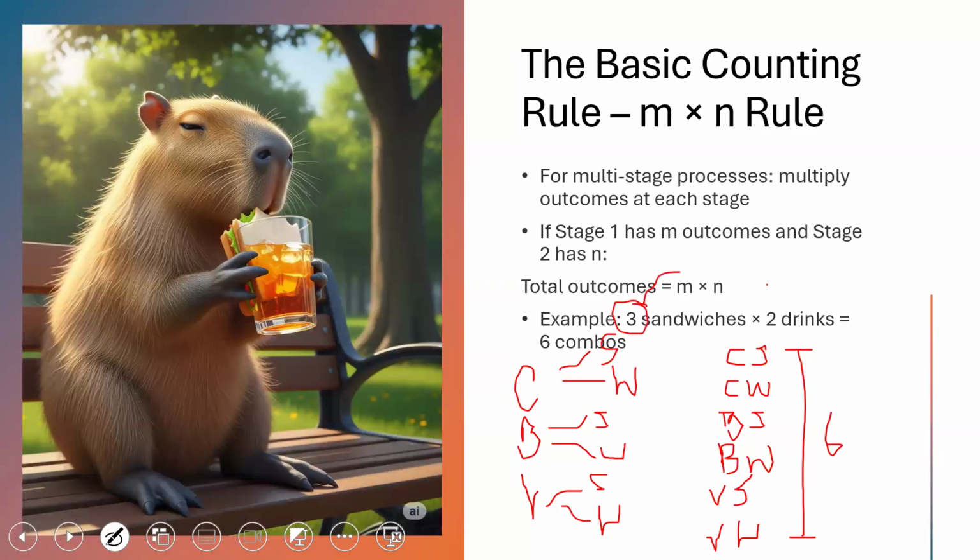Notice that matches 3 times 2. So I could get it a lot faster if I just multiplied. This rule extends to clothing combinations, travel routes, and app design flows, anytime choices are made in sequence.